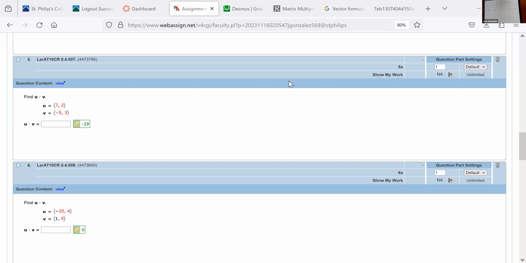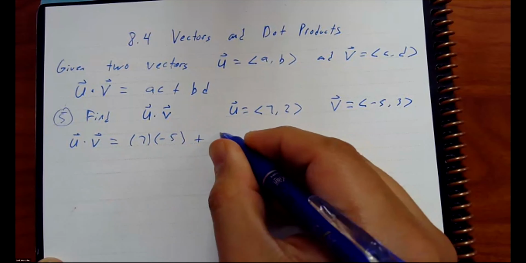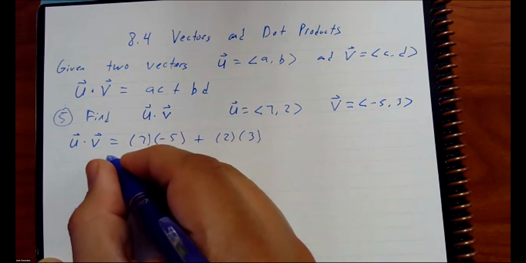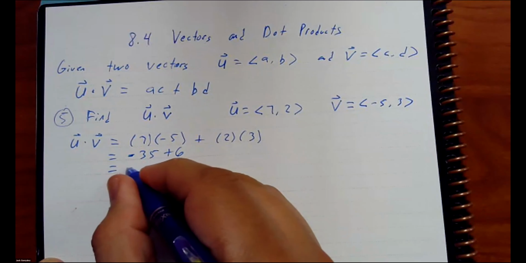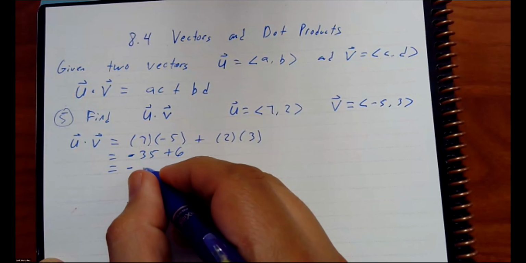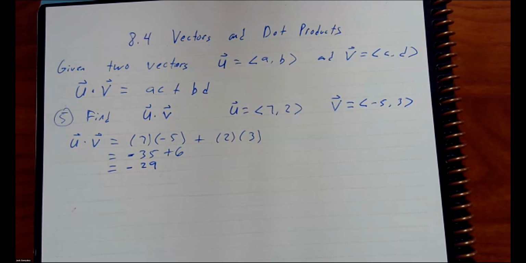So u times v is simply going to be 7 times -5 plus 2 times 3. So that is -35 plus 6. So that'll be -29, right? That's it. Nothing crazy. So the first few questions is simply just that, nothing else.